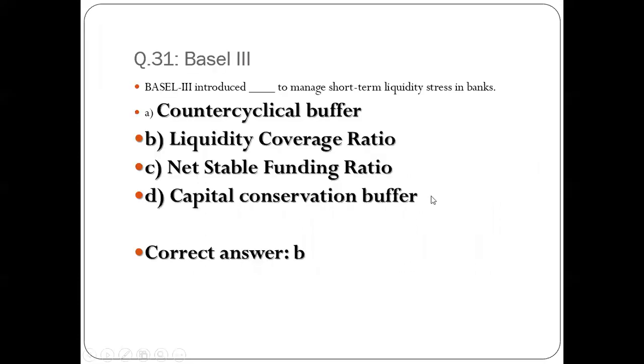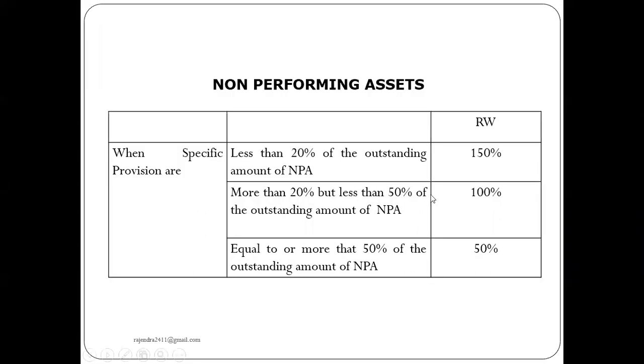If the provision available is less than 20%, the risk weight is 150%. If the total provision available is more than 20% but less than 50%, the risk weight assigned is 100%. But if the provisions available are 50% or above the outstanding liability, the risk weight assigned is 50%.